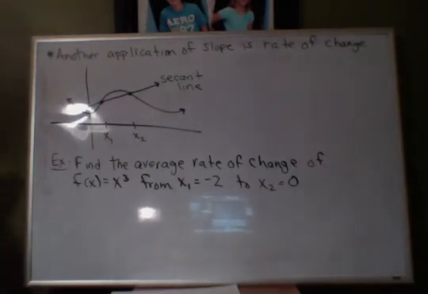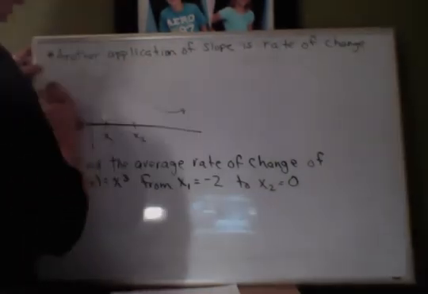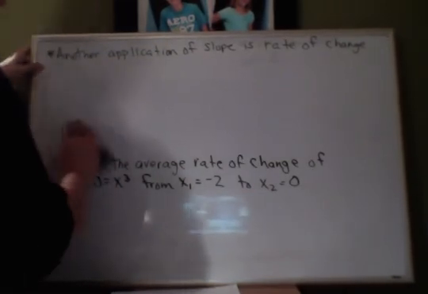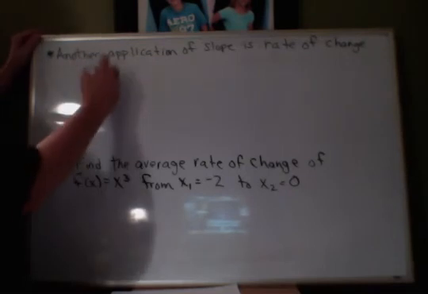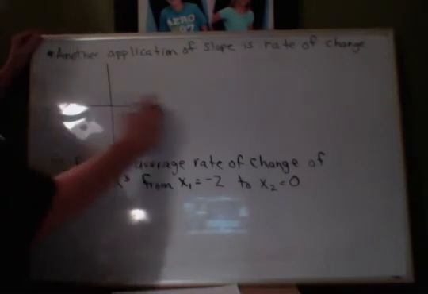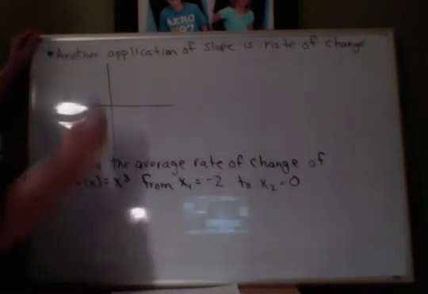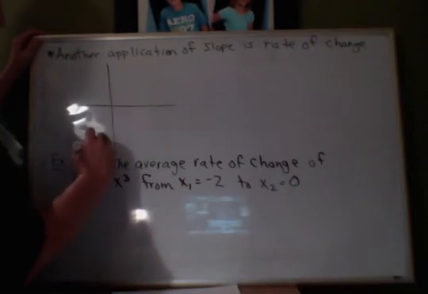Now, let's consider this graph for a moment. This is not going to be a perfect exact graph, but we'll get the idea of it. If we're talking about a cubic function, y equals x cubed, that function looks something like this.